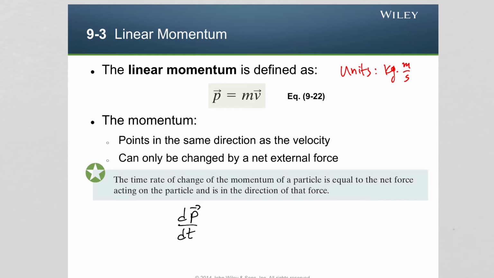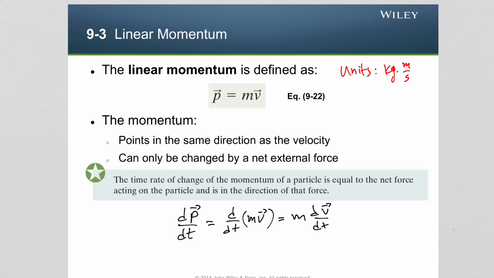What that statement says is that if I take the time derivative of the momentum, dp/dt, that will of course be equal to d/dt of m times v. Since the mass is a constant, I can rewrite this as m dv/dt.